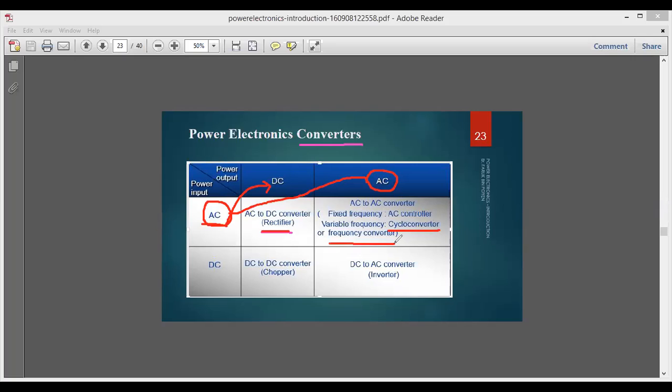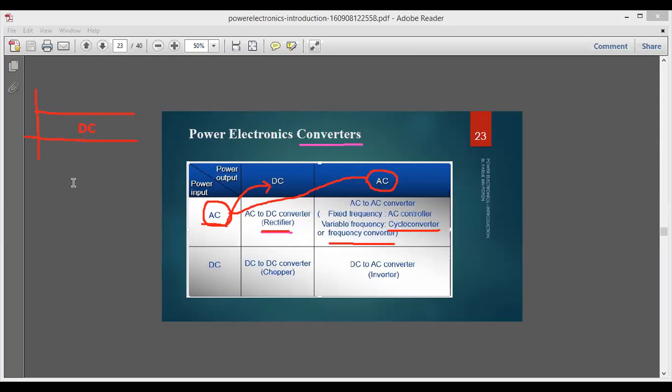Now, what is the meaning of this? In DC current, we don't have a frequency component. Your DC signal will be a straight line because there is no change in the frequency of the input signal or the output signal.